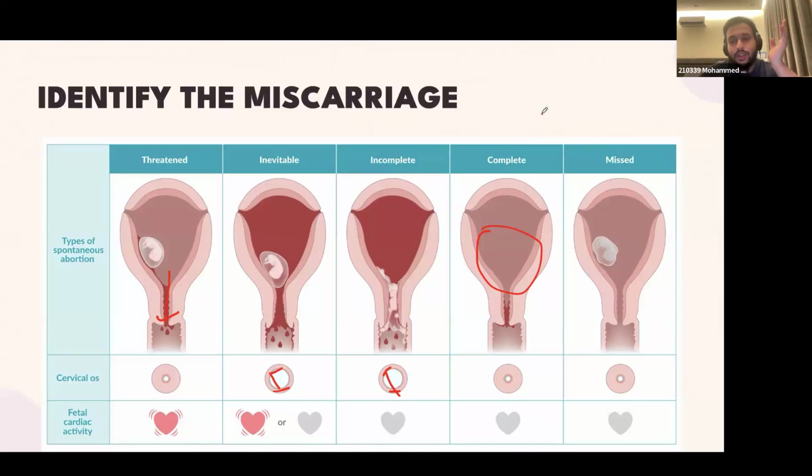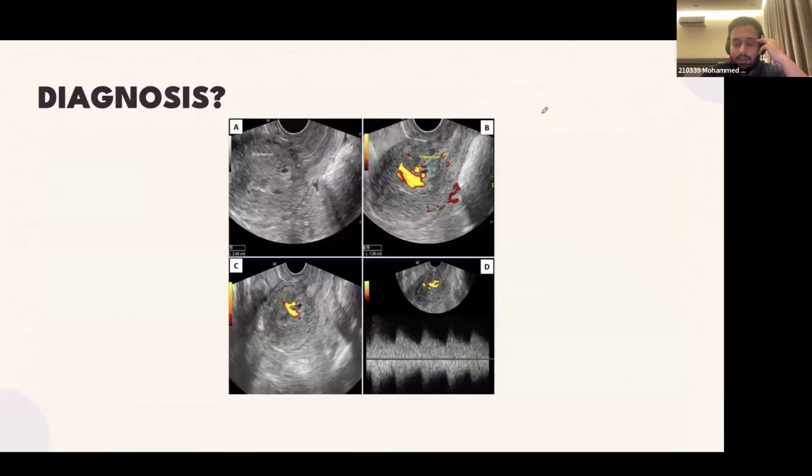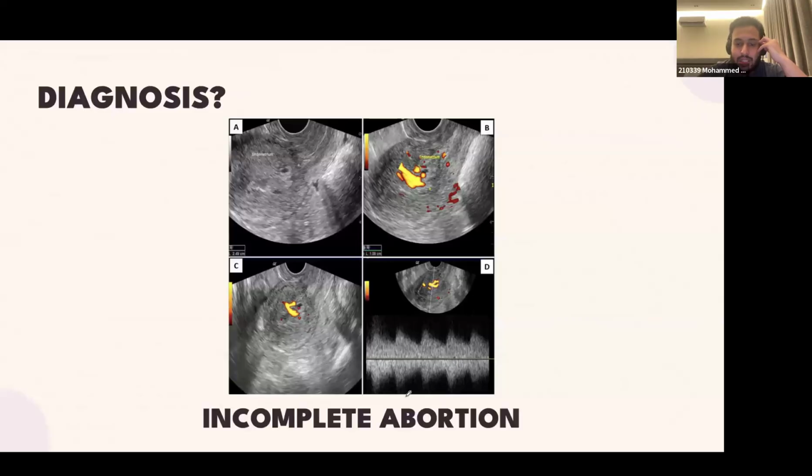Now there are some images that you need to remember based on the radiology lecture, which is this. What type of miscarriage is seen here? I'll help you guys. You can see there is bleeding. Some fetal tissue remaining, and then absent fetal heart rate. Incomplete miscarriage.